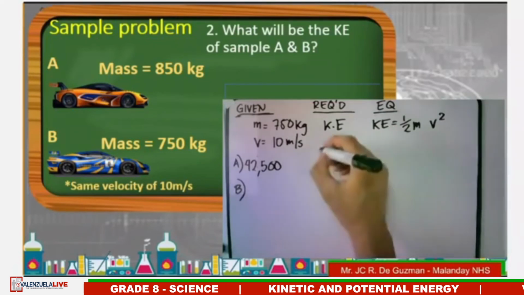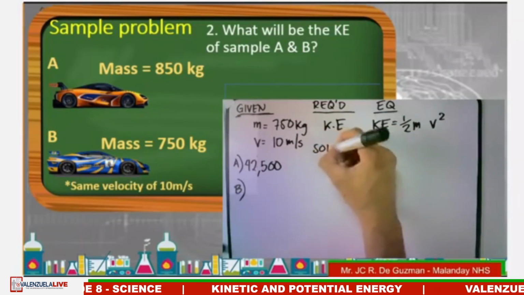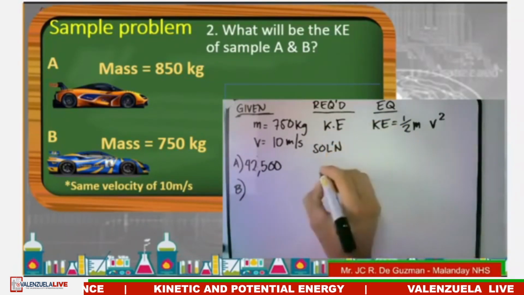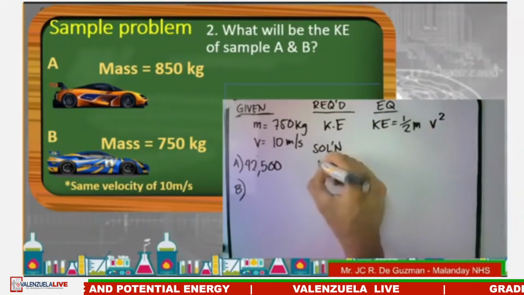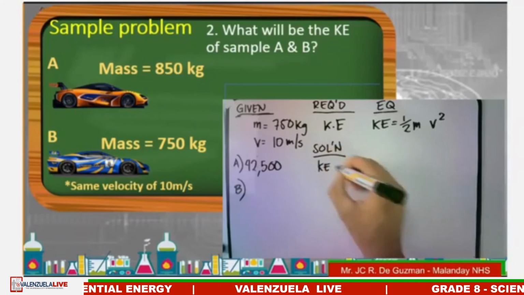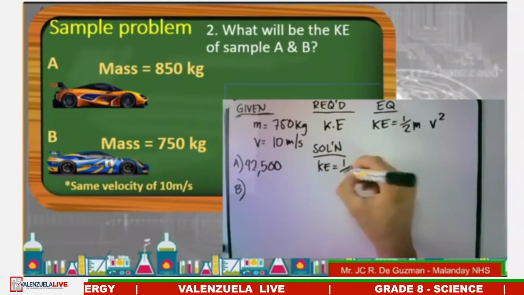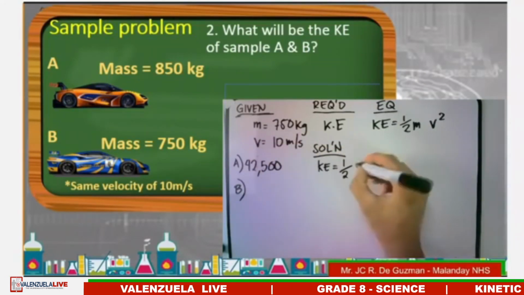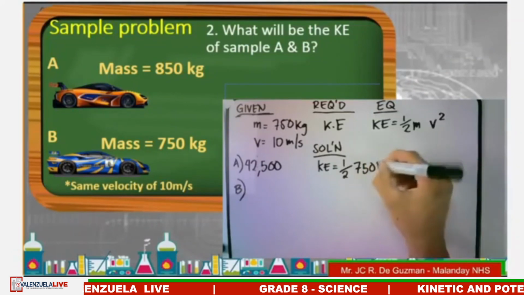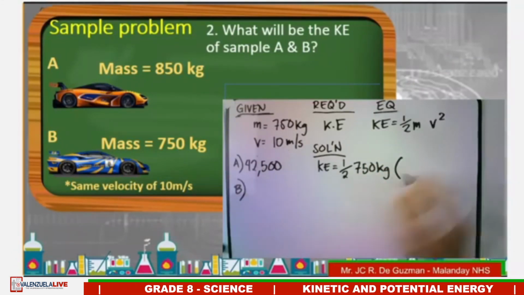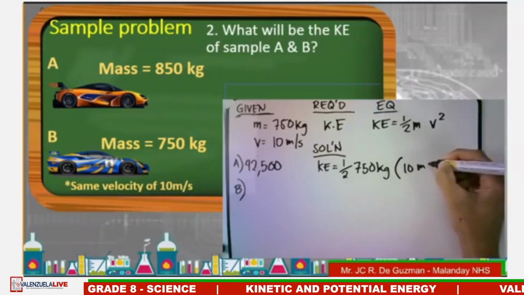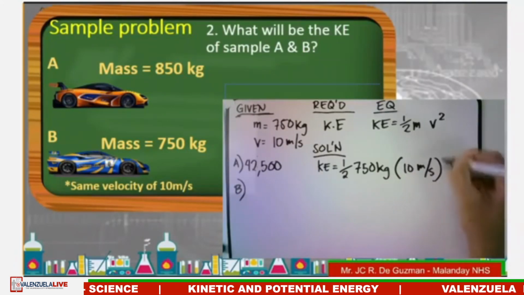Now, for the solution, we just need to substitute the values: kinetic energy is equal to 1/2 of 750 kilograms times the square of the velocity, 10 meters per second.